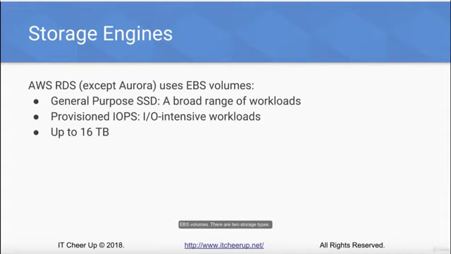There are two storage types. General purpose SSD is for a broad range of workloads. Provisioned IOPS is for I/O-intensive workloads. You can create a MySQL, MariaDB, SQL Server, PostgreSQL, and Oracle RDS DB instance with up to 16 TB of storage.